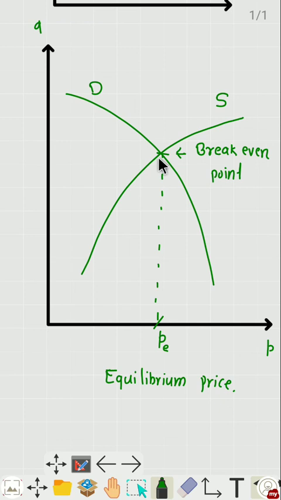The allocation of goods at this junction is at its most efficient, and the economy is said to be at equilibrium. Everyone, individuals as well as companies, and therefore the country, is satisfied with the economic condition.